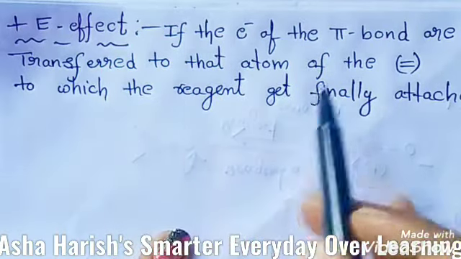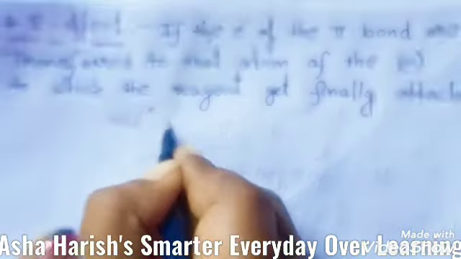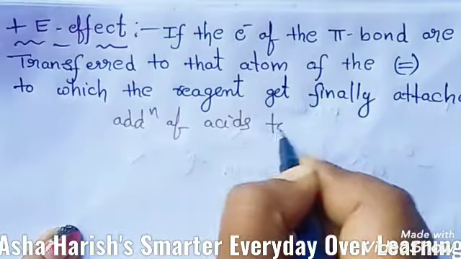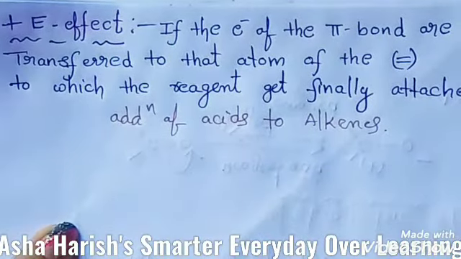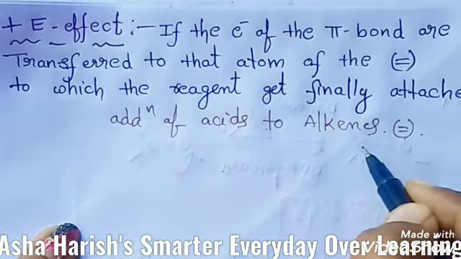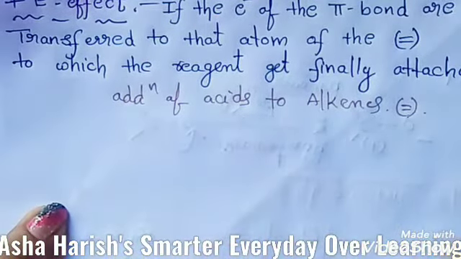Okay, for suppose if you see the example of the addition of acids to alkenes, you know that if a compound has a double bond, that should be known as alkenes. Okay, let's see the example of this addition of acids to alkenes.